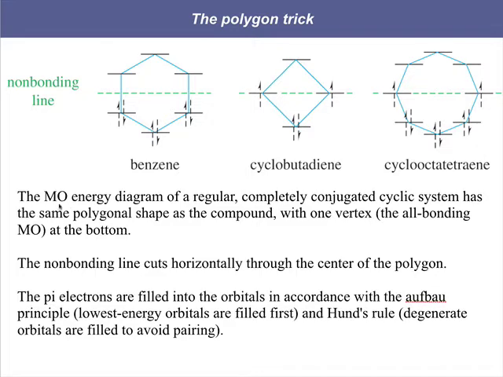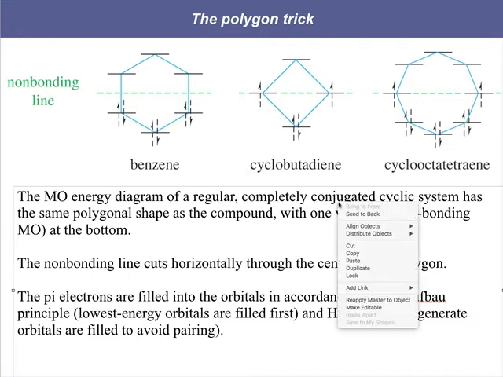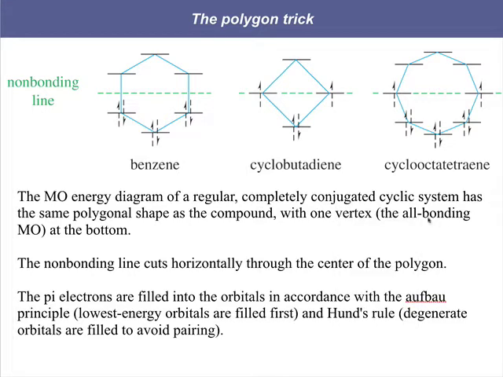What this says is the molecular orbital energy diagram of a completely conjugated, regular cyclic system, so a pentagon, a hexagon, octagon, a heptagon, something like that, has the same polygonal shape as the compound itself, always with one vertex, the all-bonding molecular orbital, being at the bottom.